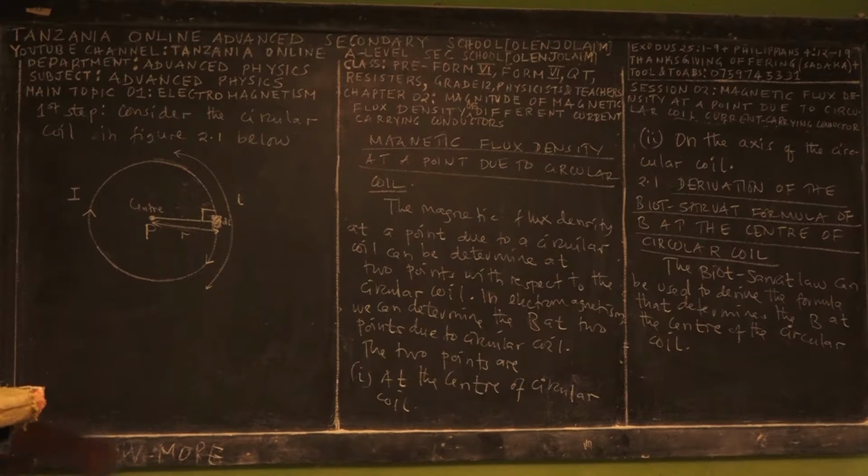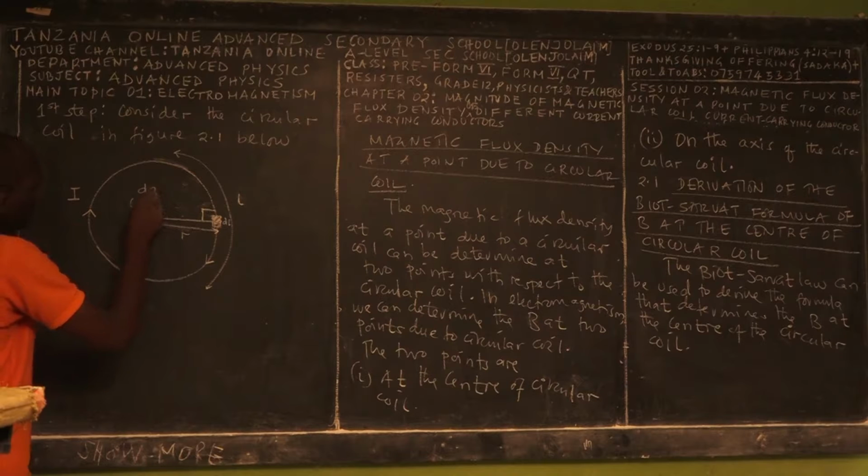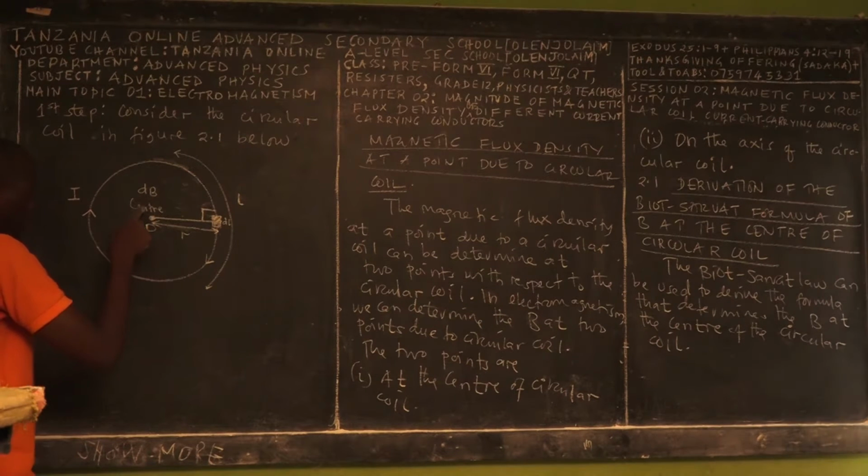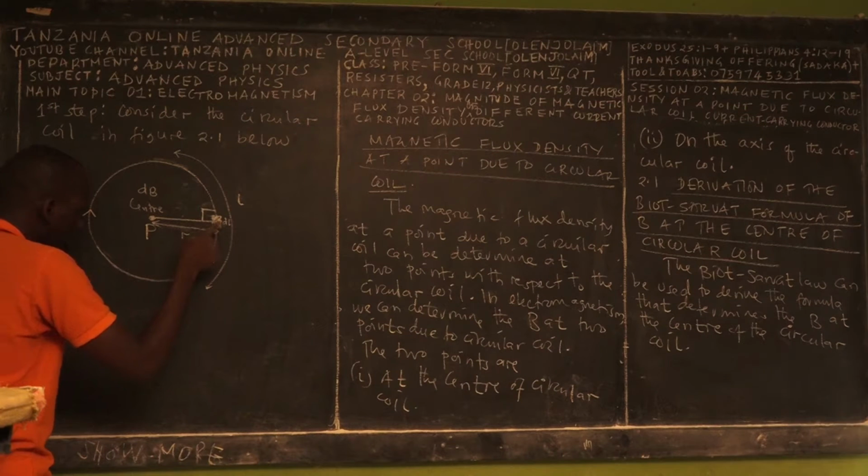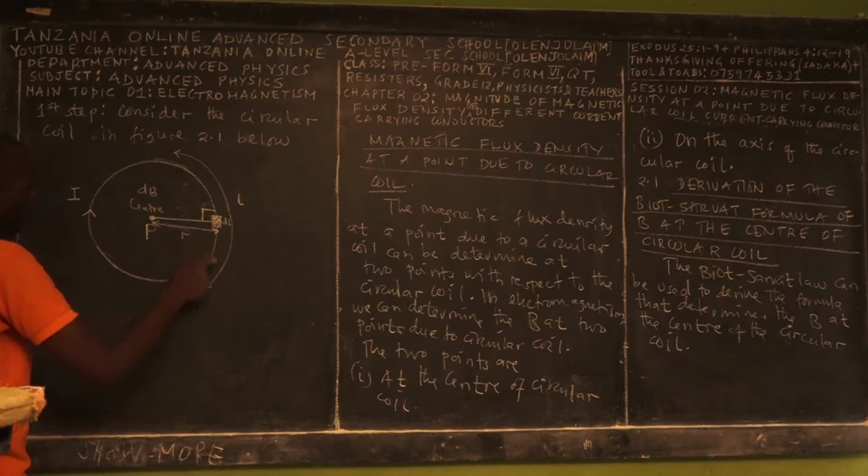We want to know the small magnetic flux density at point P, the center of the circle, due to the small segment dl of the circle.